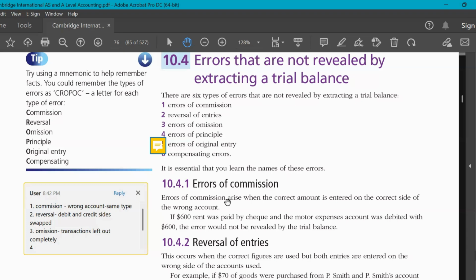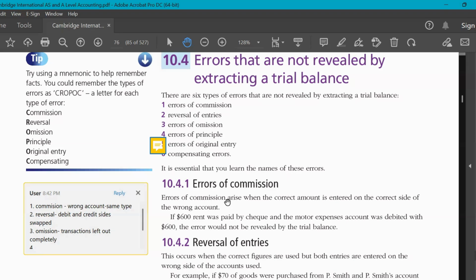Because the debit and credit entries will still balance numerically, but the classification is wrong. So the trial balance only checks the totals, remember, and not really the account accuracy. Again, errors of commission: you entered it on a different account, but of the same type.